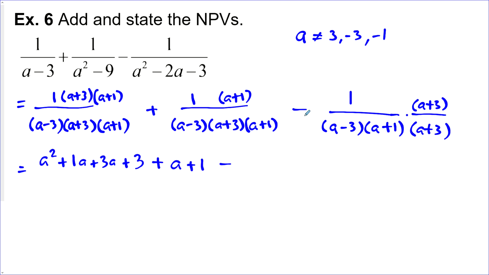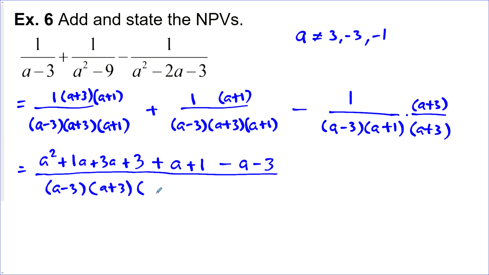Now watch out for this minus sign because it applies to both of these. So minus a minus 3, all over a minus 3, a plus 3, and a plus 1. Do not multiply those together. We want to keep them factored.